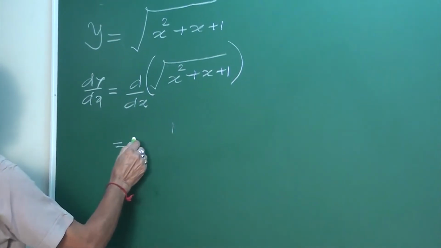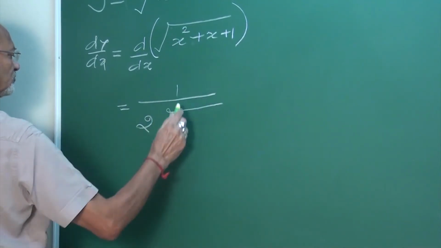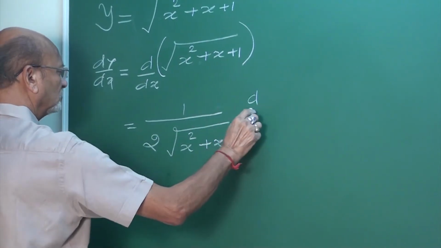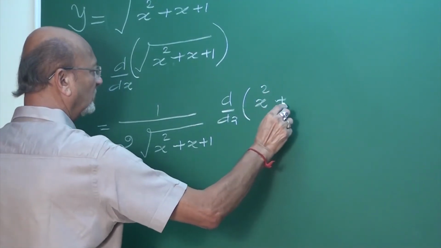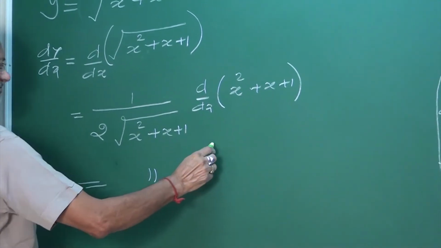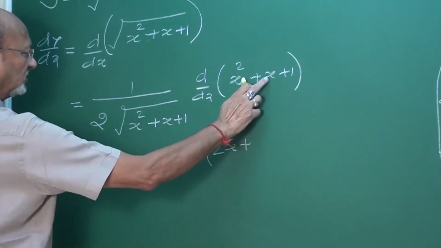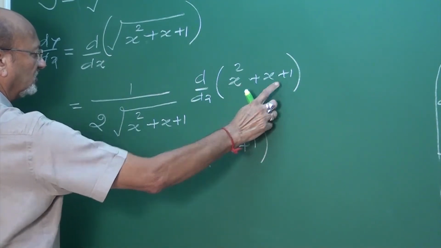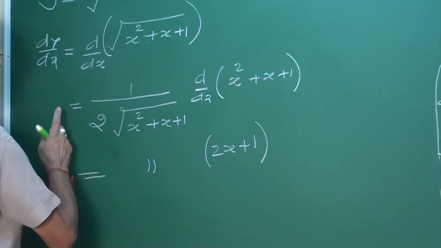Derivative of root f: first you write 1 by 2 root f, whatever it is, into inside the square root, my friend, inside it is x square plus x plus 1. Same thing you write, into derivative of x square 2x plus derivative of x 1 plus derivative of constant 1, 0. Instead of writing plus 0, no meaning, right? It is 2x plus 1. This is the derivative.